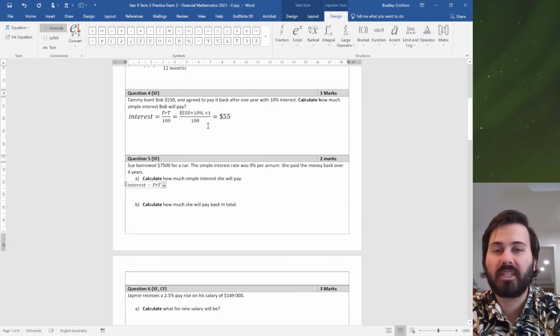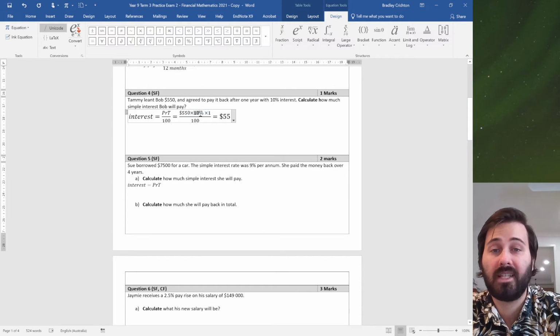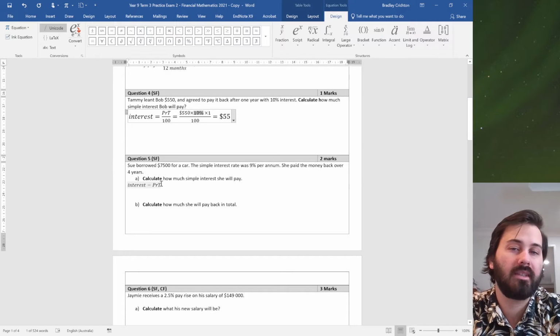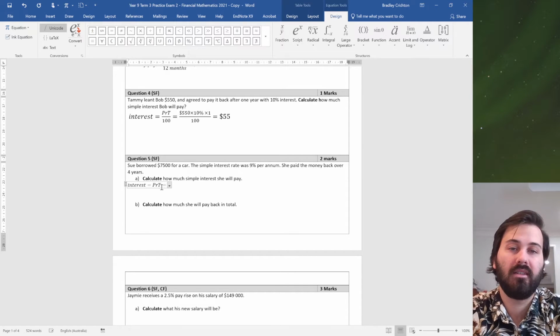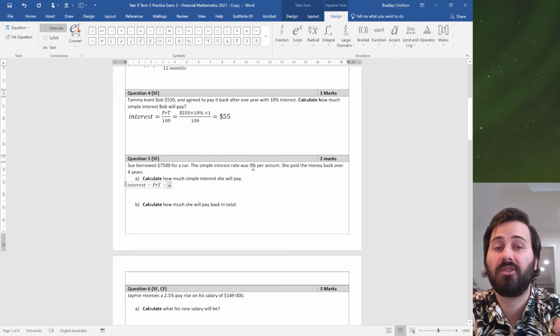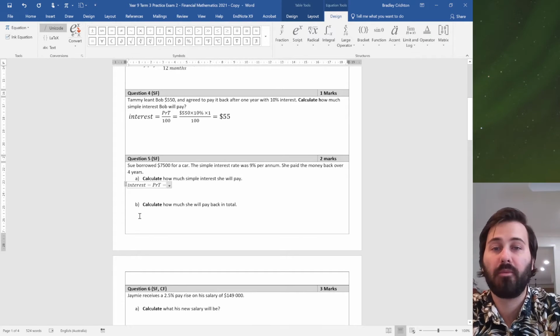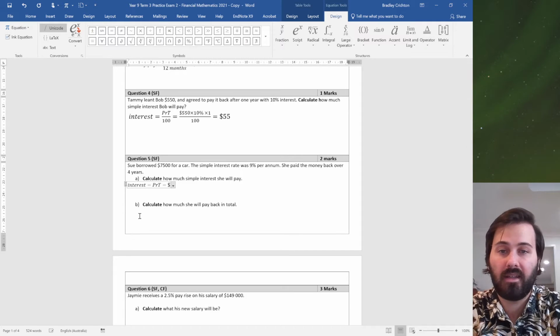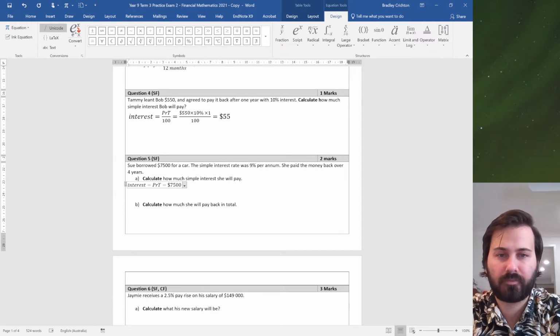Now, after explaining that this 100 just converts our percentage into a decimal, I'm going to leave that out for now and convert 9% straight into a decimal of 0.09. So our principal starts off at 7,500.